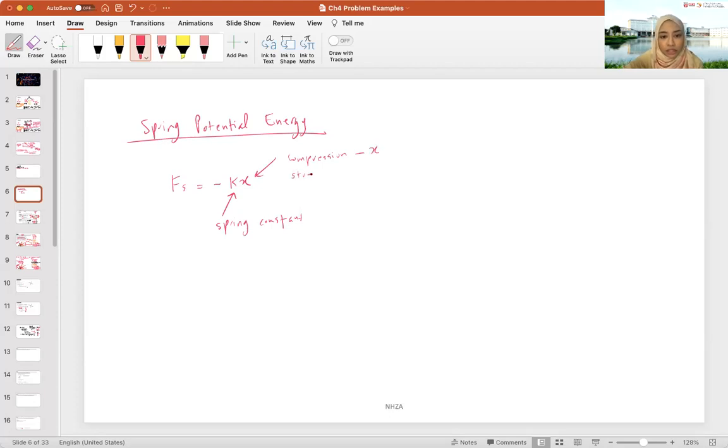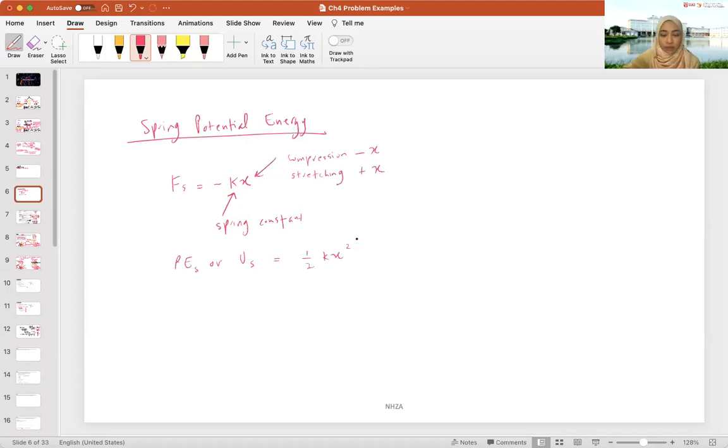And when you are stretching it, we are going to assume that it is a positive x. So when I am talking about the potential energy of a spring, I will label this as PES, Us, which is equal to 1 over 2 Kx squared.